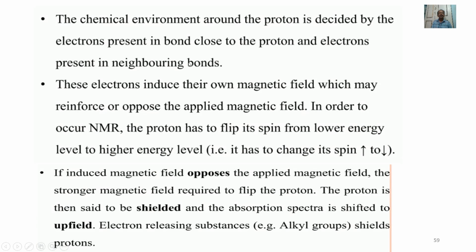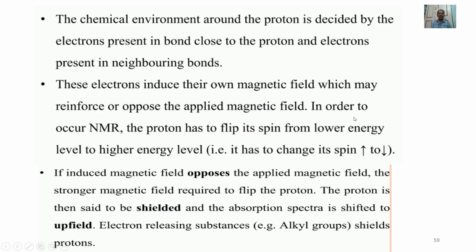The chemical environment around the proton is decided by the electrons present in the bond closer to the proton and the electrons present in neighboring bonds. These electrons induce their own magnetic field, which may reinforce or oppose the applied magnetic field. In order for NMR to occur, the proton has to flip its spin from the lower energy level to the higher energy level.